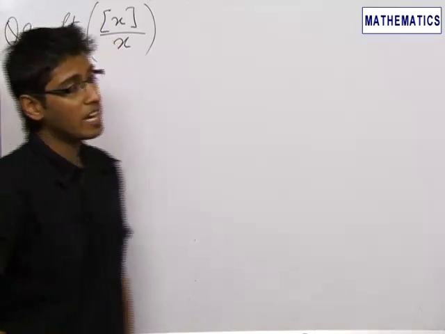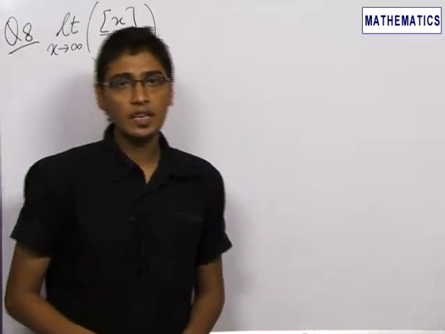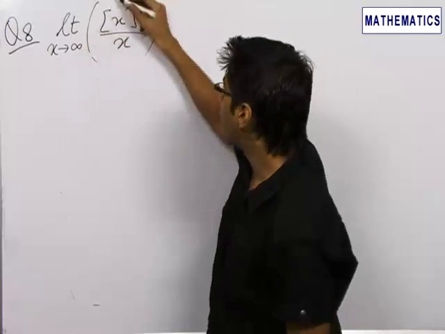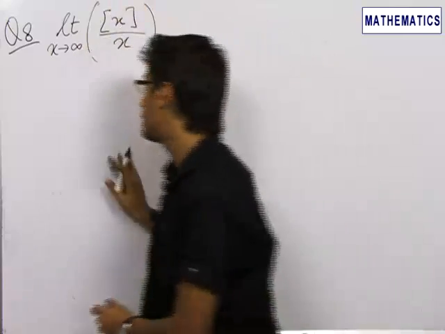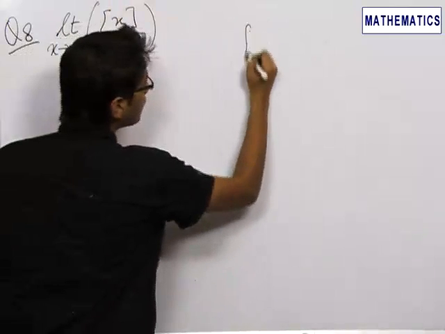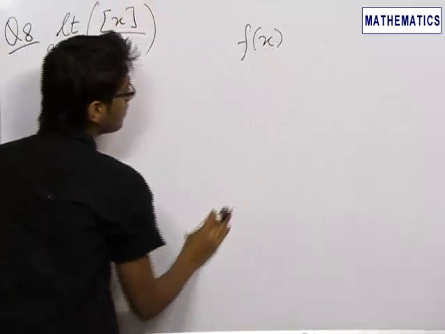This Sandwich theorem can be applied in all those cases in which we can write a function in some inequality form. In the Sandwich theorem, we are given a function f of x whose limit we need to find.